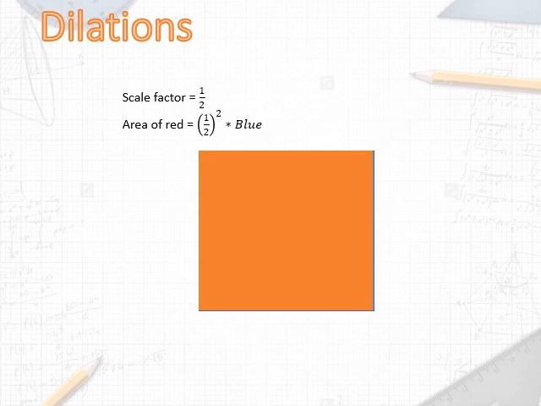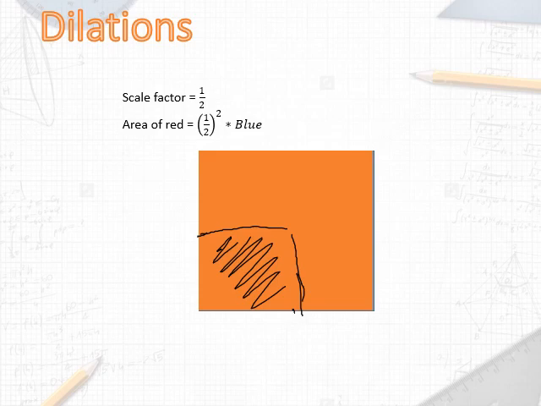So the area is only a quarter of the original square. Scale factor is a half, so the area is a half squared. So for area, you take the scale factor and square it, and that is the factor of how the area is going to change.